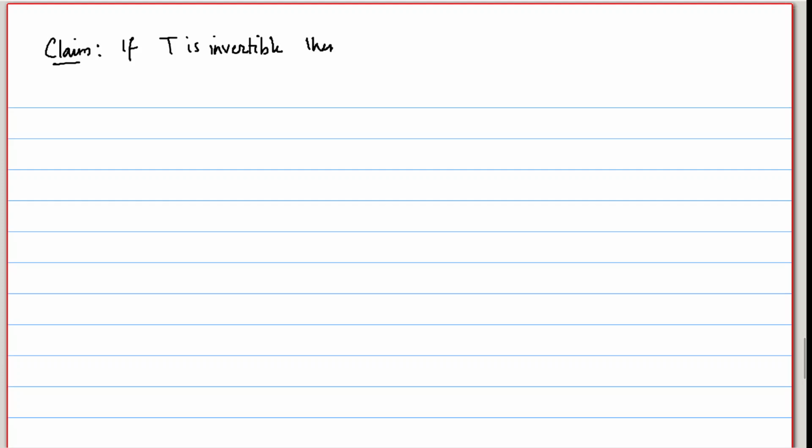Then eigenvectors form a basis. Okay, yeah. If T is invertible, then what can we say? Yeah, onto is fine.